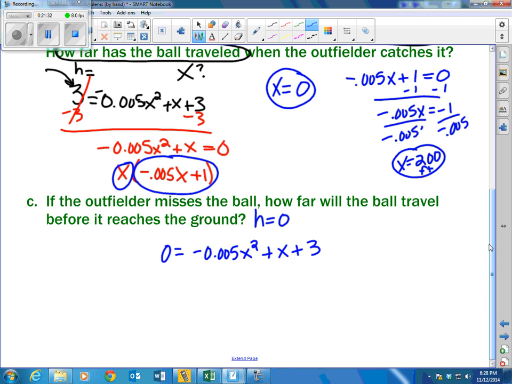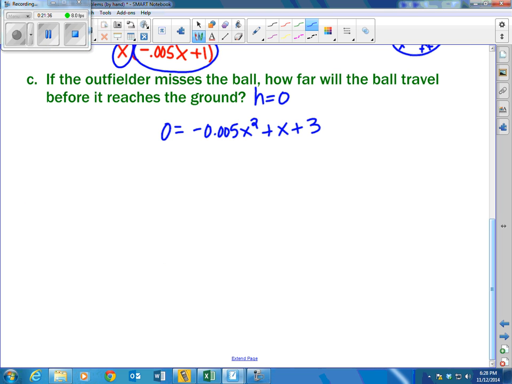You can try to factor that if you want, but the easiest thing to do would be the quadratic formula. Remember that the quadratic formula is negative b plus or minus the square root of b squared minus 4ac, all over 2a. I could sing you the song, but I won't get it in your head. So that's how that's going to go.